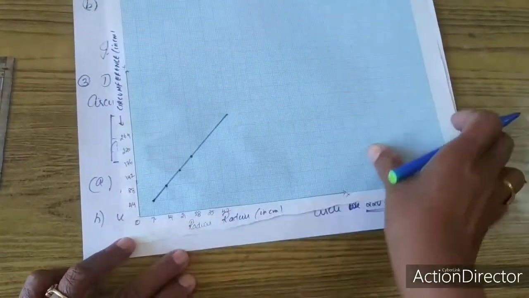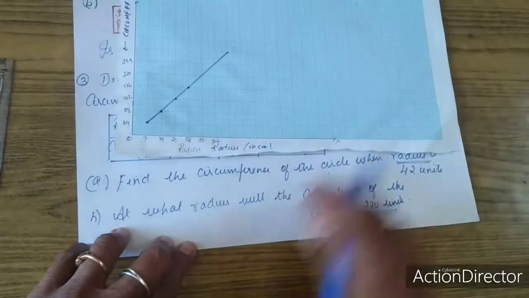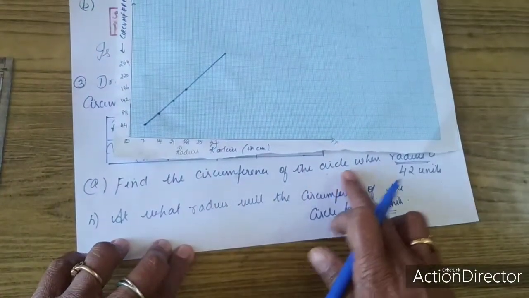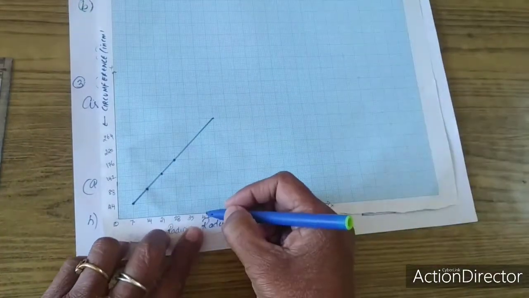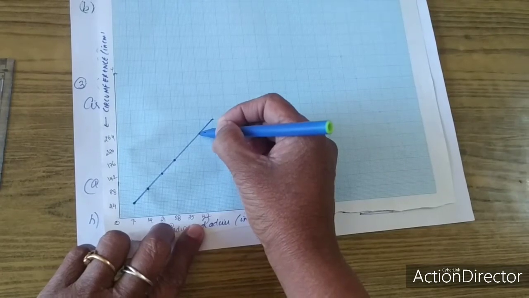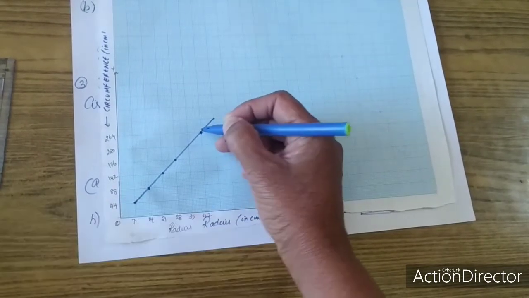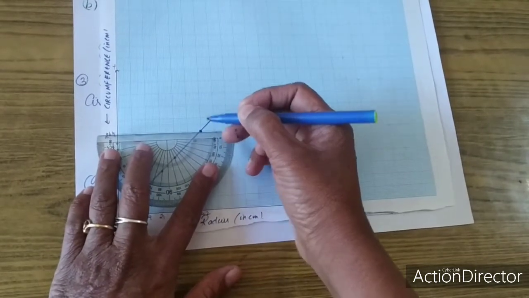The first question is, from this linear graph, you have to find the circumference of the circle when the radius is 42 centimeter. Here the radius is 42 centimeter, so it is intersecting at this point on this line graph. Let us join this and find out the circumference.